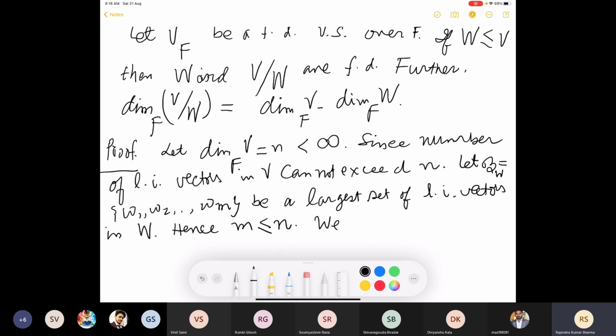So we claim that BW is a basis for W over F.